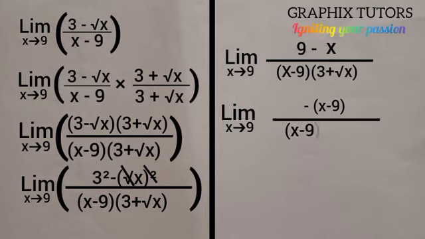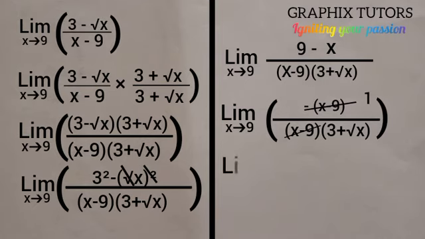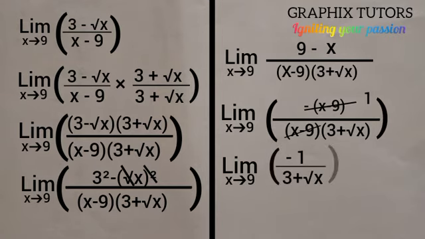So x minus 9 here is 1, and when we cancel, we have 1 also. So at the long run, minus times 1 will give you minus 1, all divided by 3 plus root x. So we have the limit as x tends to 9 of minus 1 all over 3 plus root x, right? Now let's input our value. Our value of x is 9.